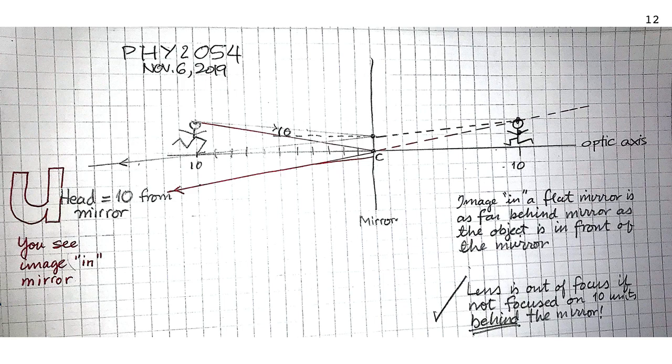So the first thing you want to do is draw through the middle of your paper a vertical line like this to represent a flat mirror. Now we're going to do flat mirrors first, and then we're going to do some convex and concave mirrors.